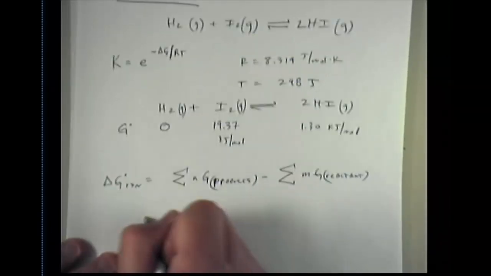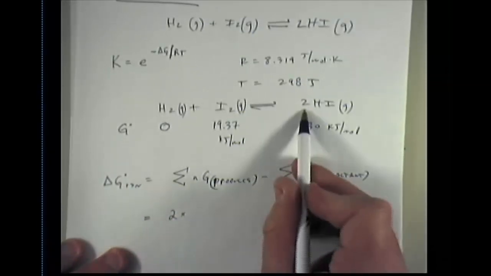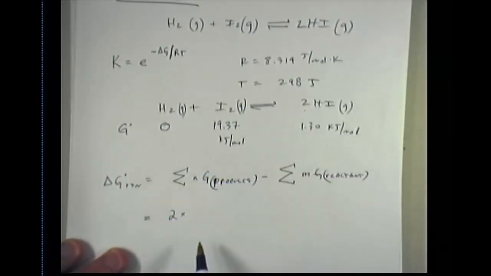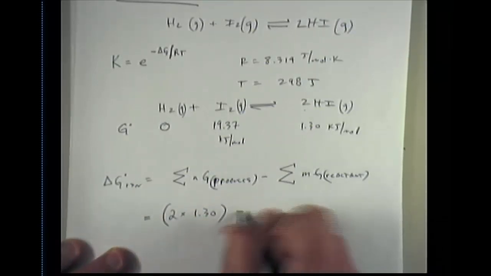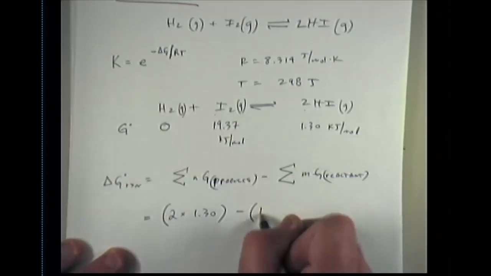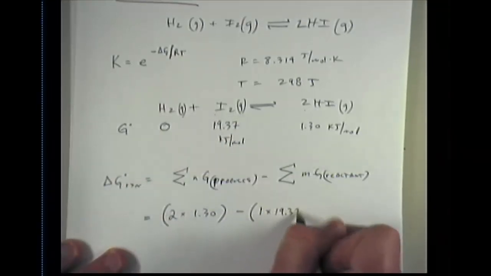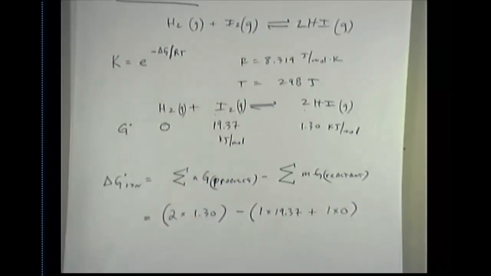For this particular reaction, then, we can see that our products have a 2 in front of them. The coefficient in front of iodic acid is 2. So we're going to take 2 times 1.30, we're going to subtract from it. Each of the coefficients in front of these is 1. 1 times 19.37 plus 1 times 0 for the hydrogen gas.